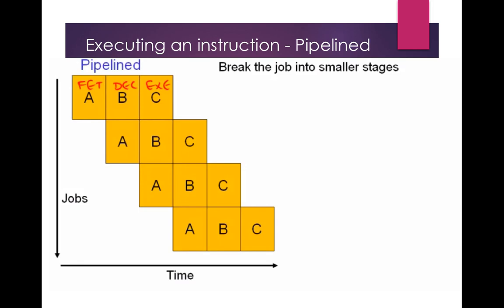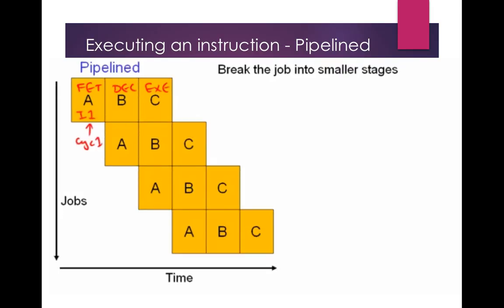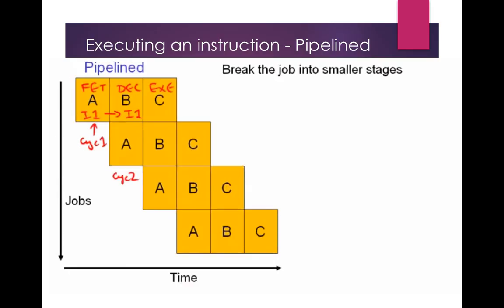Once the fetch stage is over at clock cycle 1, it is free, so we fetch the second instruction. At clock cycle 1 we fetch instruction 1, but at clock cycle 2 we fetch the second instruction, and at the same time, in parallel, we decode the first instruction. This is the pipelining concept.